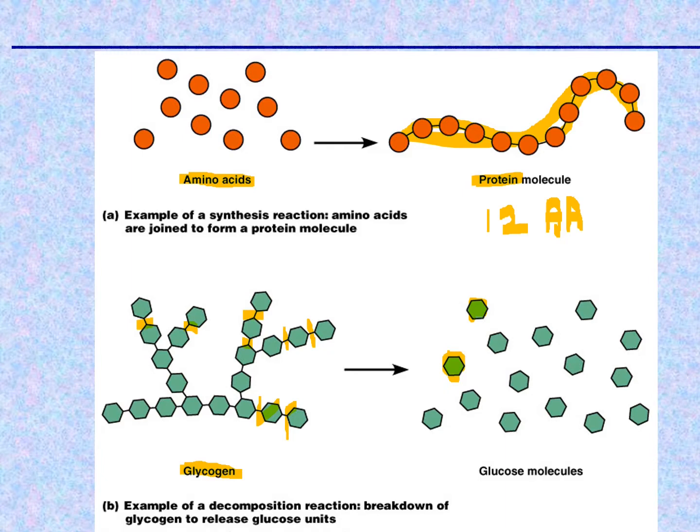But the main idea here is you see the building up of a polymer from individual molecules, the formation of covalent bonds to form this polymer structure, and here they're being broken apart. The polymer glycogen is being broken apart into individual glucose molecules.